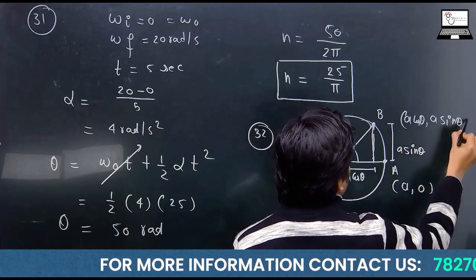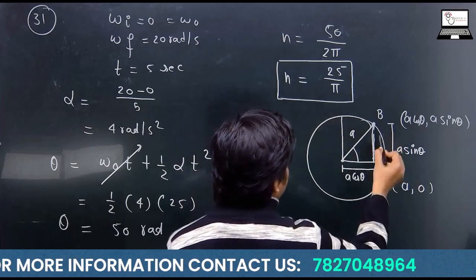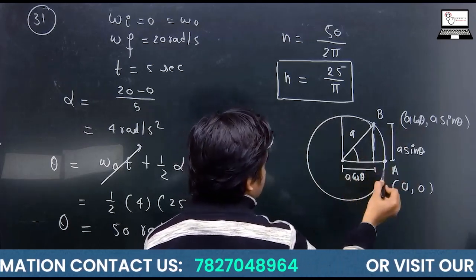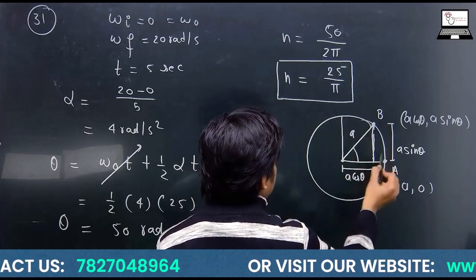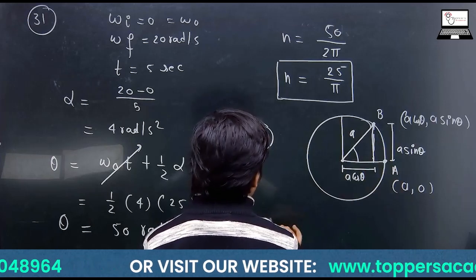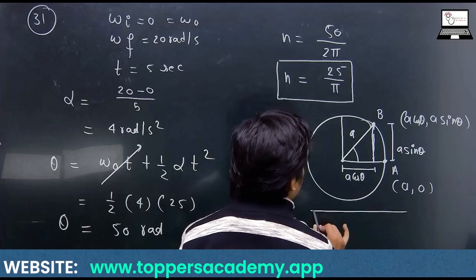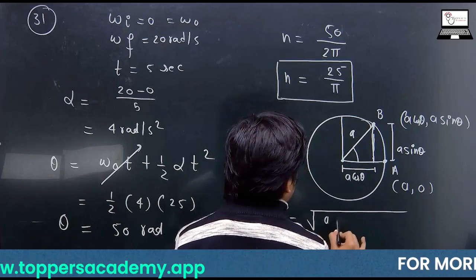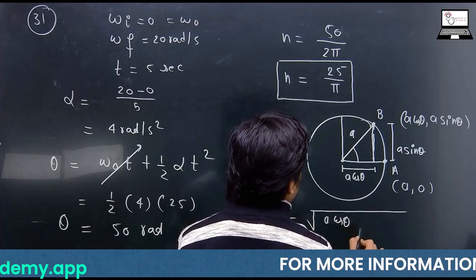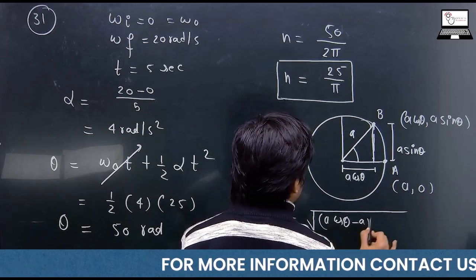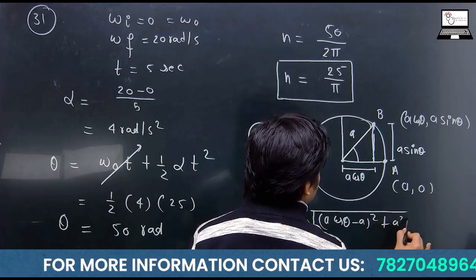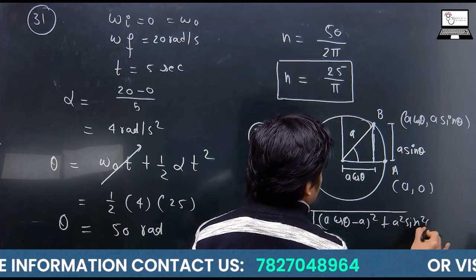Now if you want to find out the magnitude of displacement, you take the direct distance between them. So AB is equal to the square root of (a cos theta minus a) whole squared plus a squared sin squared theta.